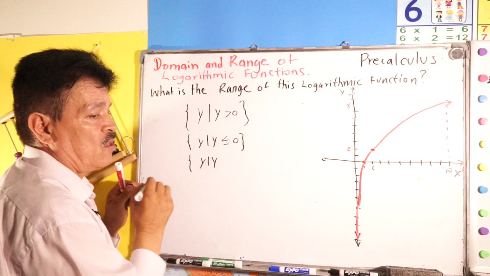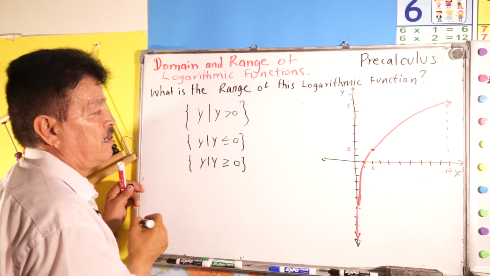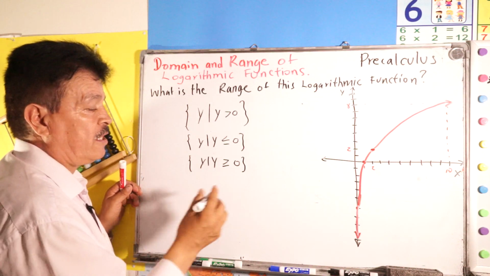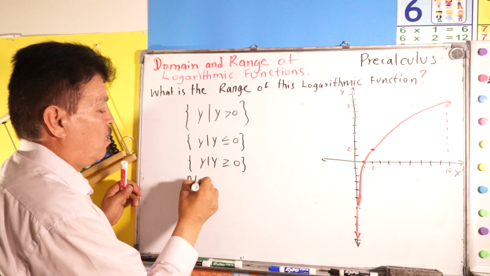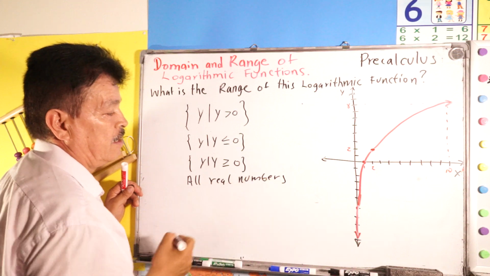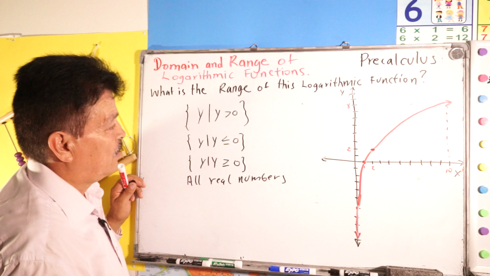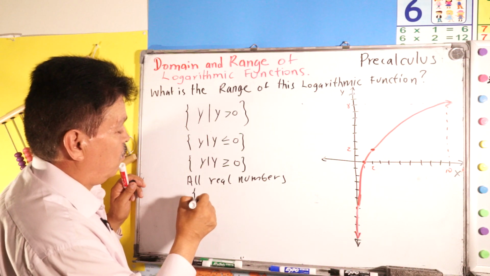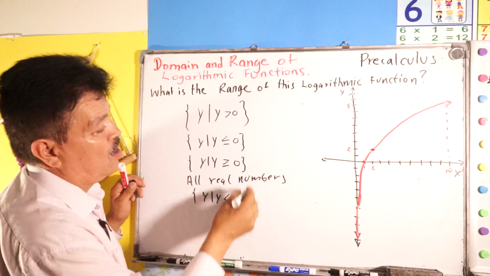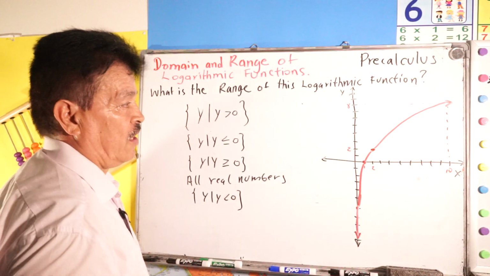The third one is y such that y is greater than or equal to 0. Another one is all real numbers. Another is y such that y is less than 0. One of these is the right answer if you look at the graph.